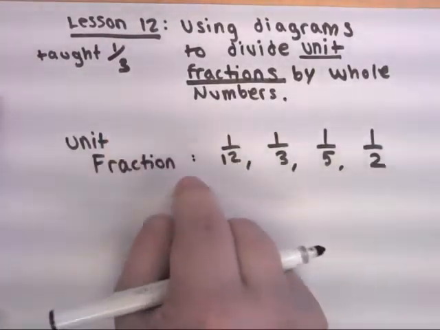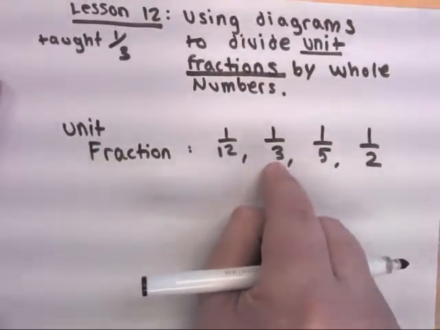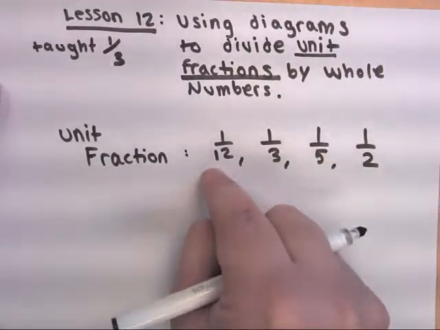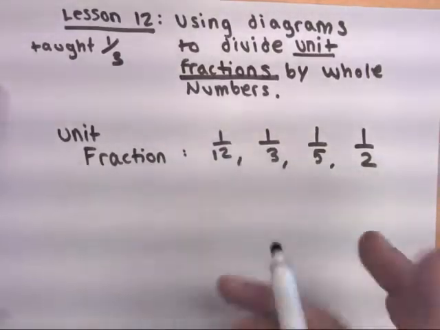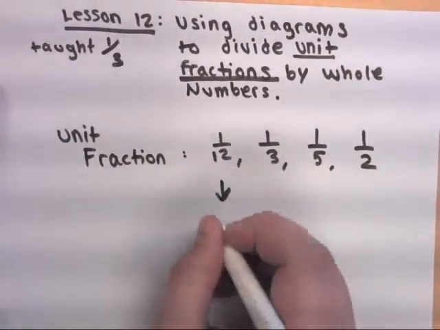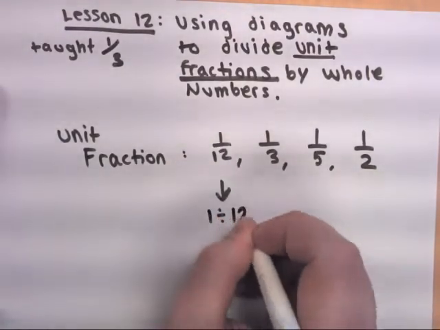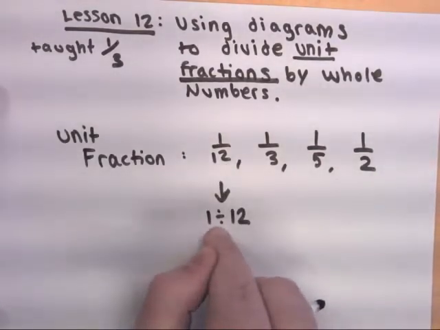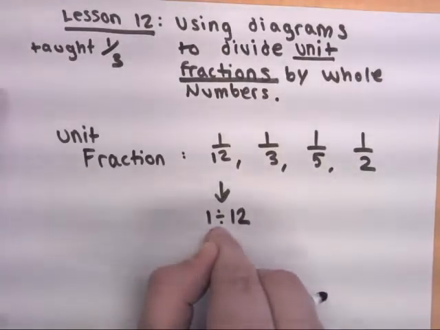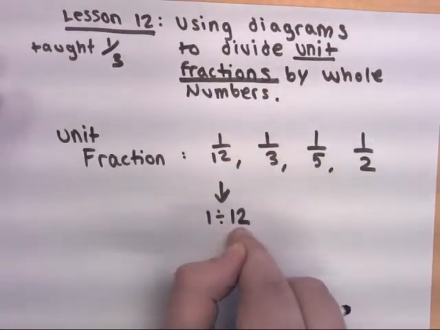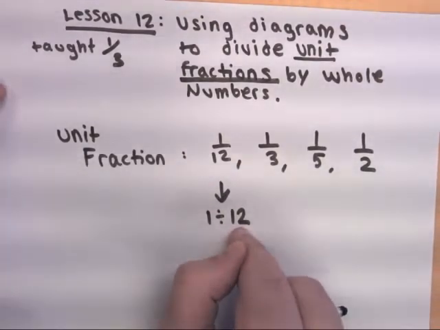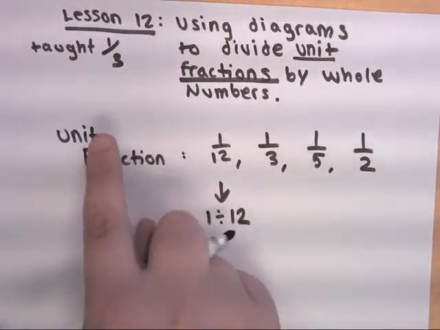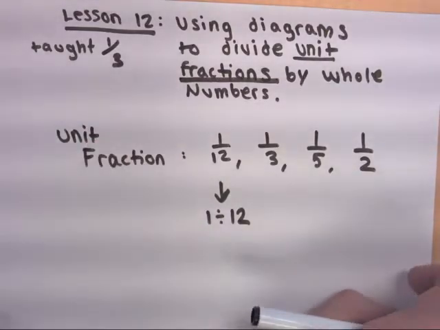Now, the reason these are special types of fractions is if we recall that fractions represent division problems. The division problem that matches 1/12 would be 1 divided by 12, or 1 unit divided by 12. So one way we can think of the number 1 is as a unit.